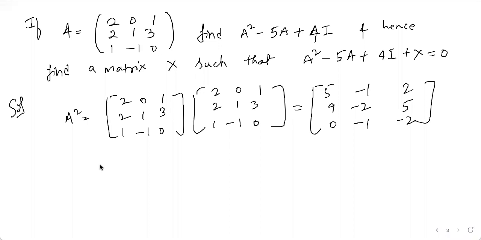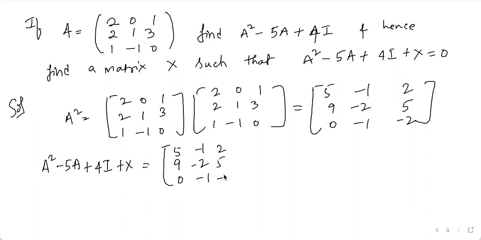Okay, now let us substitute all this. So A square minus 5A plus 4I plus X. So this will be 5 minus 1, 2, 9 minus 2, 5, 0 minus 1 minus 2. Okay, and as you are taking minus 5 inside, so this will be plus, right?